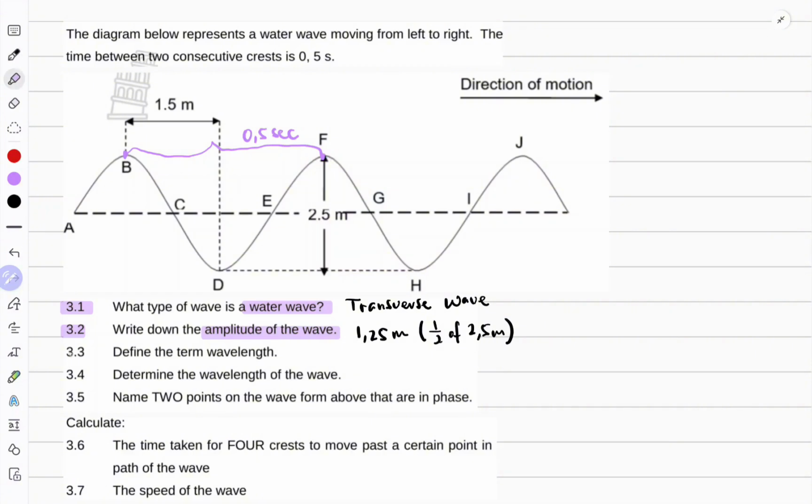So the next question says, define the term wavelength. To define wavelength, we have to bear two things in mind. The first thing is we have to look for two consecutive points.